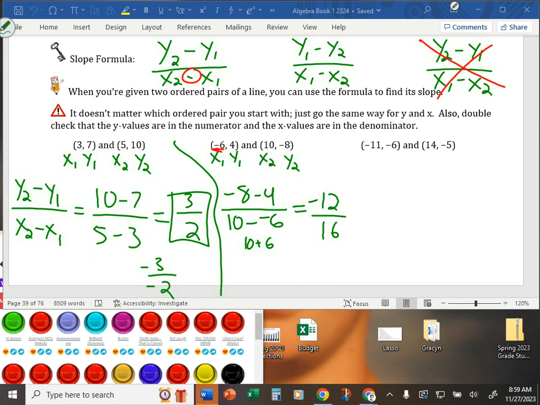And then -12/16 simplifies to be -3/4, which is your correct answer. Okay. If you did it the other formula, the second option, you would have gotten positive 12 over -16, which still gets you -3/4 as the final answer. So it works out the same.